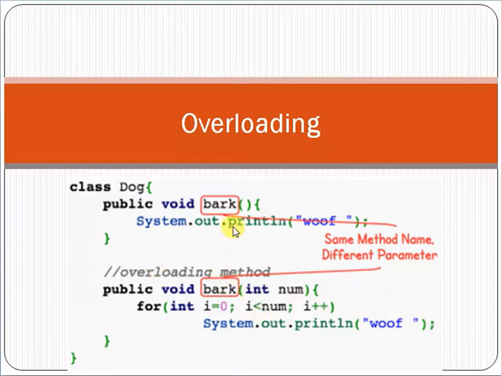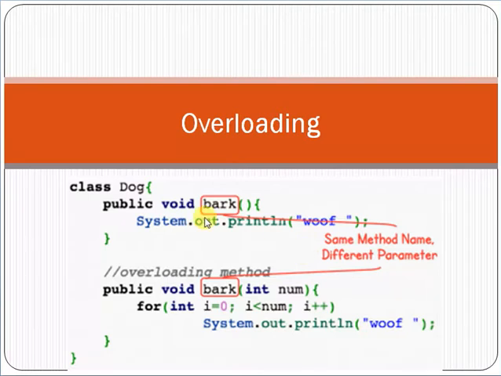So let's start. Overloading is a very basic concept of object oriented programming. Let's see this class Dog, which has a method public void bark with System.out.println("woof"). Similarly, the Dog class has another method, public void bark(int num), with a for loop, for int i equals 0, i less than num, System.out.println("woof").